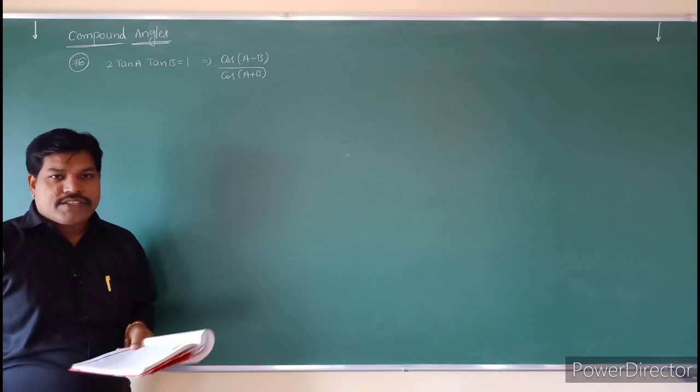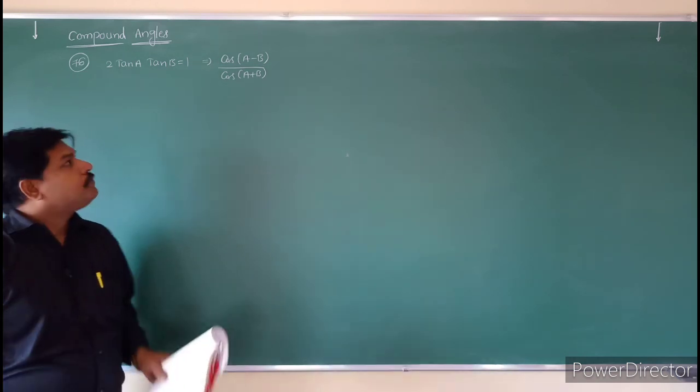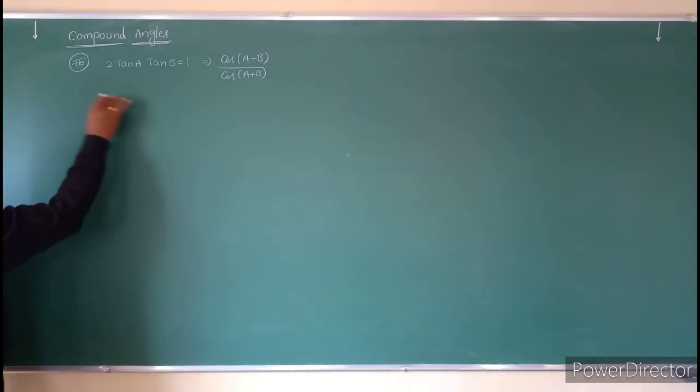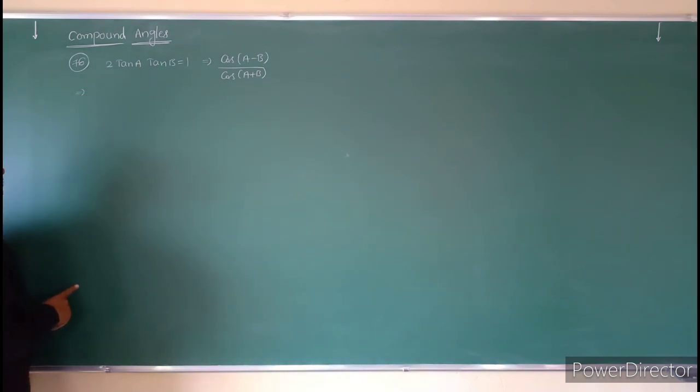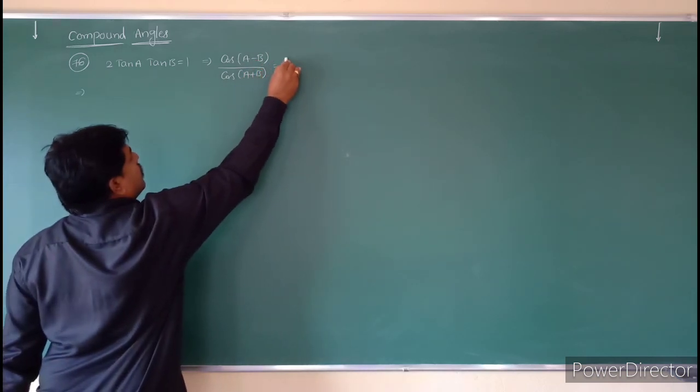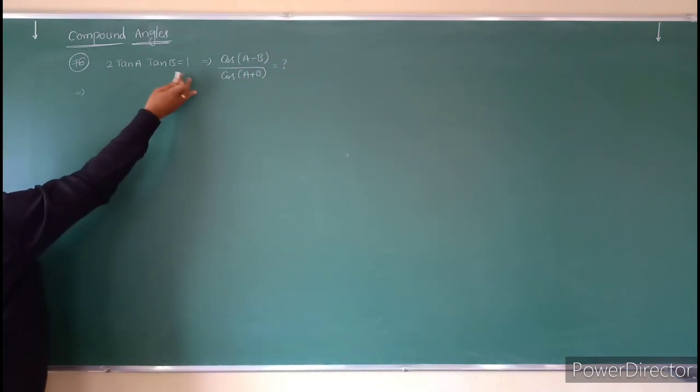So see this question, students. So how to solve this one? That implies what I am going to take from this one, 2 tan A tan B is equal to 1.